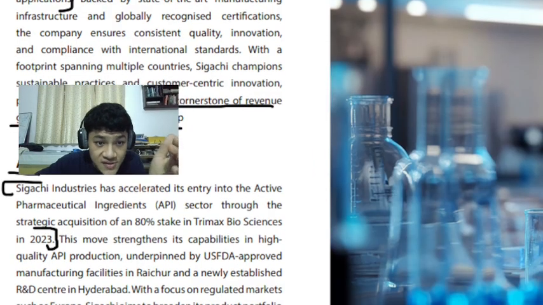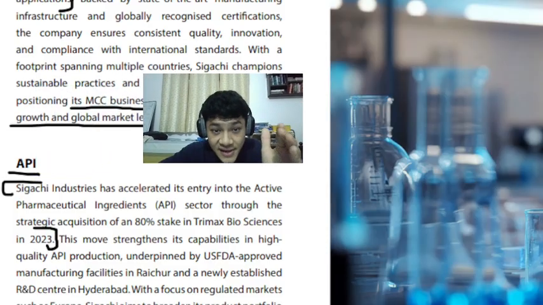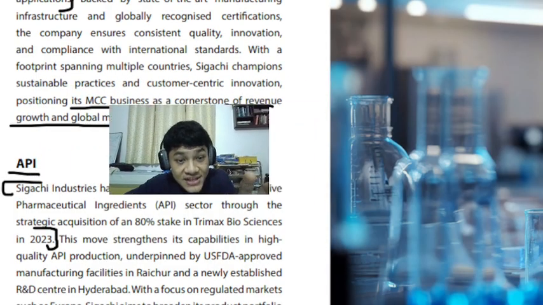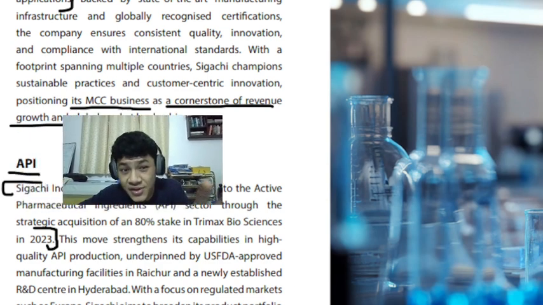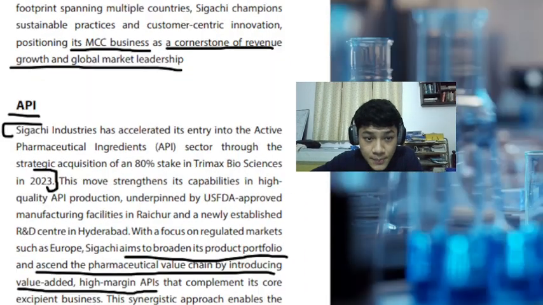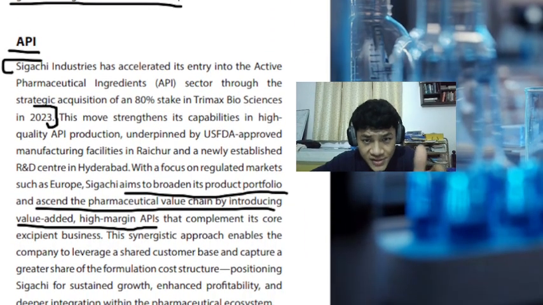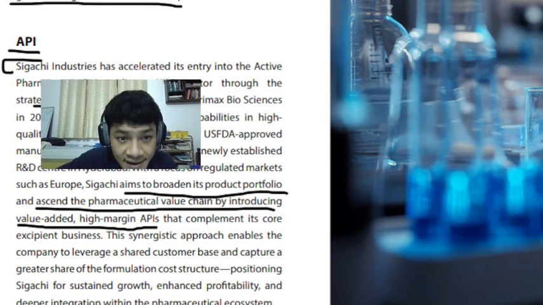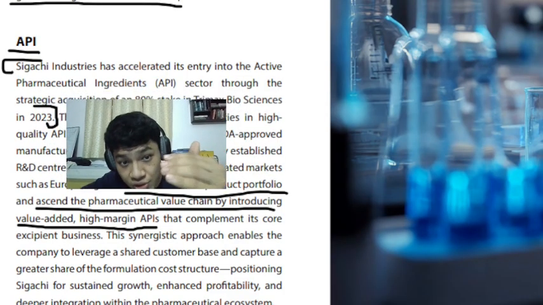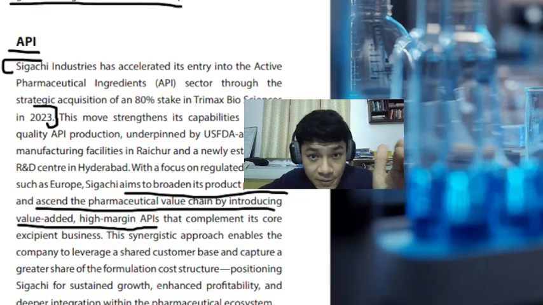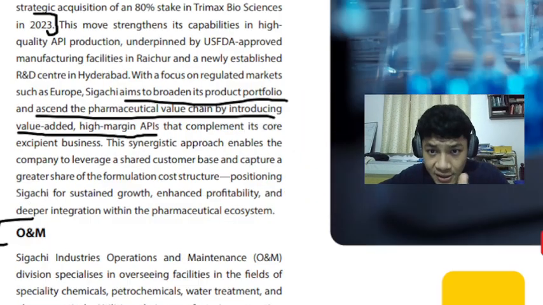Here it says, Sigachi Industries has accelerated its entry into the active pharmaceutical ingredients sector through the strategic acquisition of an 80% stake in Trimax Biosciences in 2023. All right, this acquisition was made. Then Sigachi aims to broaden its product portfolio and ascend the pharmaceutical value chain by introducing value-added, high-margin APIs. Margin adding.